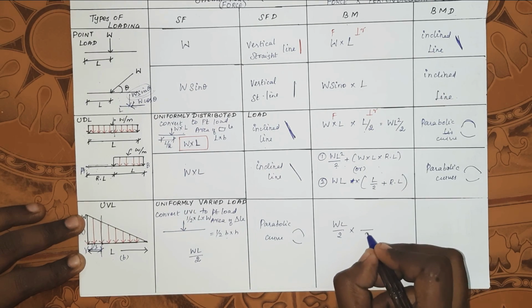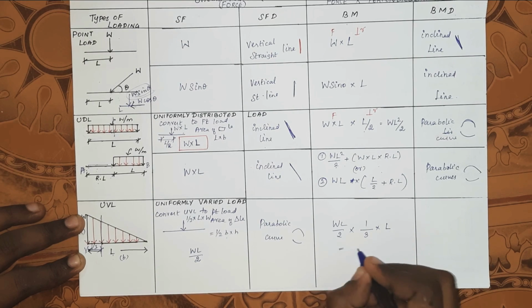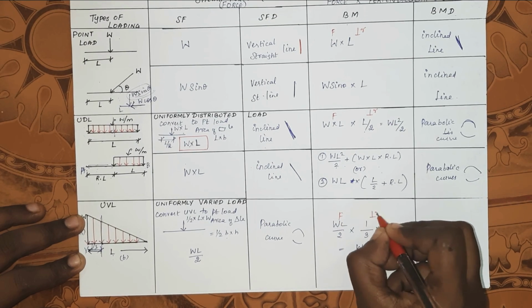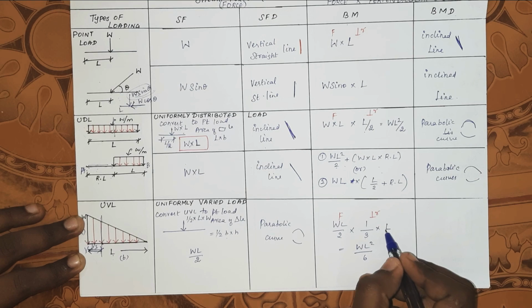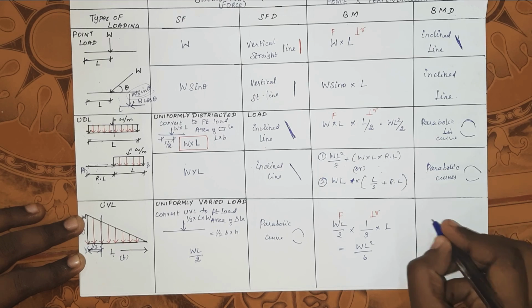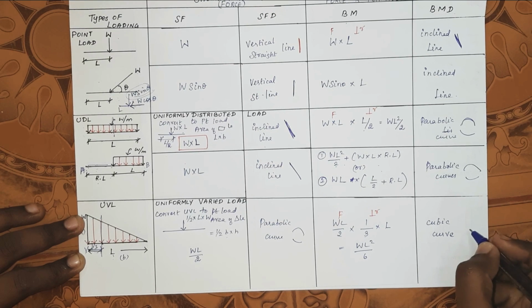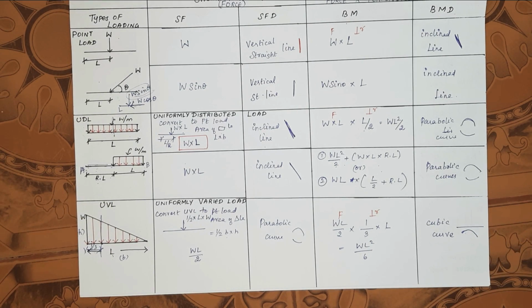So we take 1/3 distance, where it acts at the base length L. So W L square by 6. This one is force, this one is perpendicular distance. Here the CG is acting at 1/3 distance for a triangle, so we take 1/3 into L, the base value. So for this bending moment diagram, the line becomes a cubic curve. Do you understand?